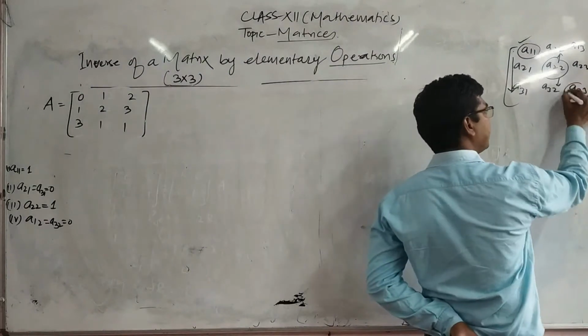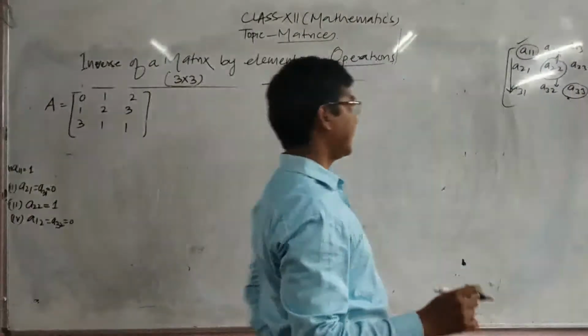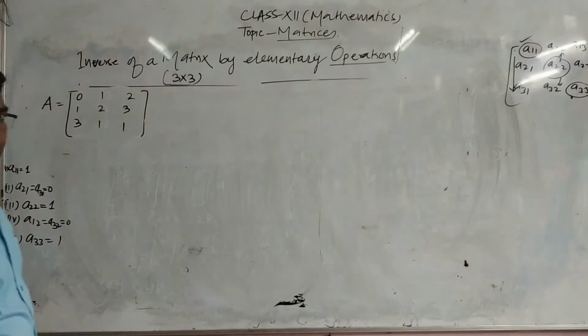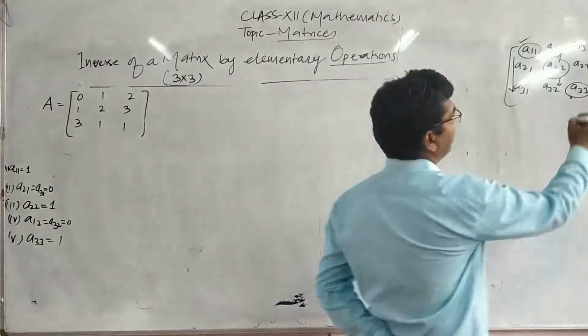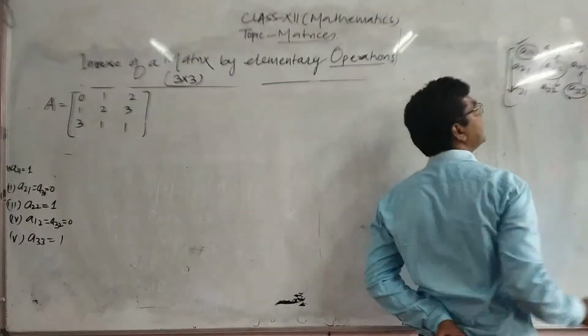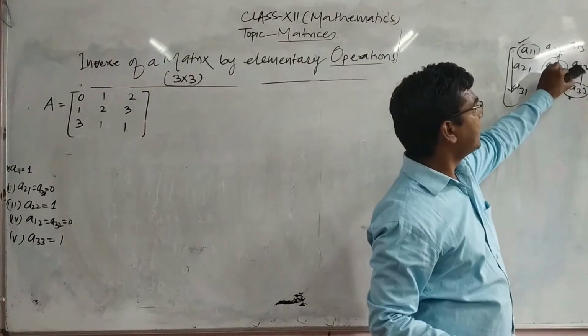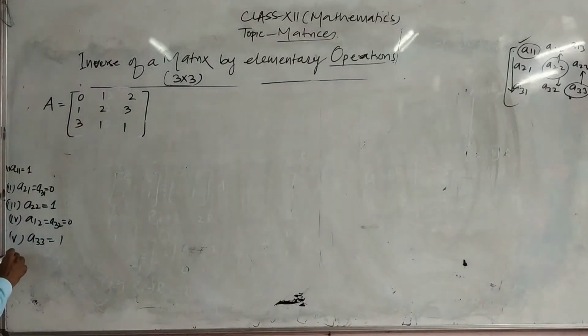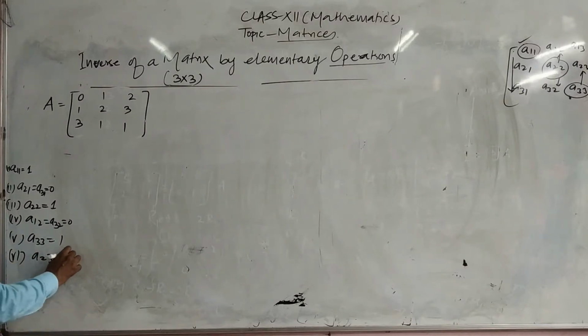In the next step, diagonally, we will make A33 1. Then the remaining elements in this column are A13 and A23. We will make them 0.